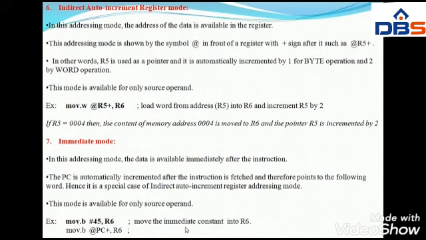That means move the immediate constant to R6. This byte is 8 bits, so this byte is moved to R6 with immediate effect. Or move byte @PC+ to R5.